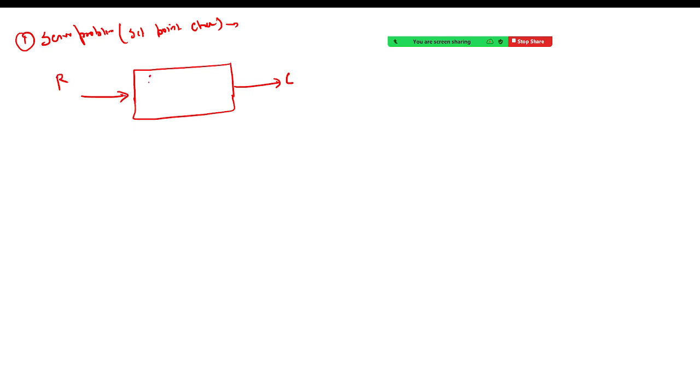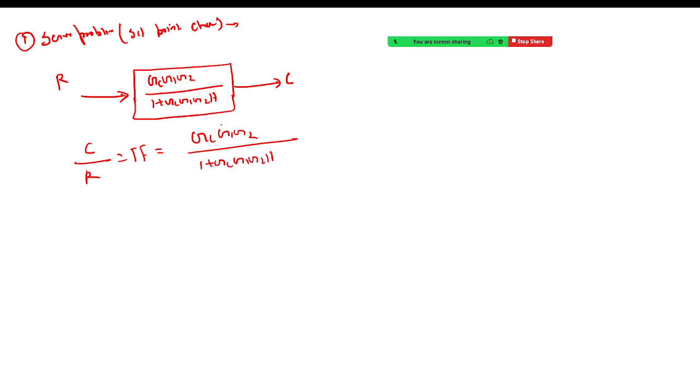So your transfer function C upon R is equal to GC G1 G2 divided by 1 plus GC G1 G2 into H. Means this one is the forward loop transfer function, and 1 plus the open loop transfer function.